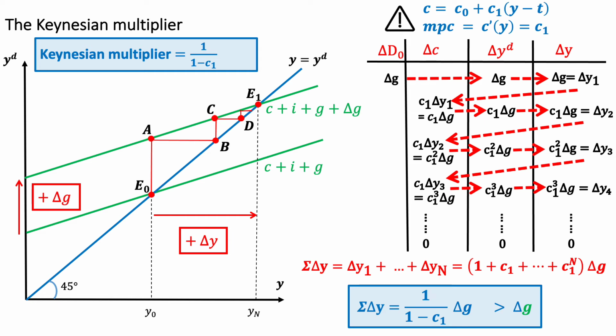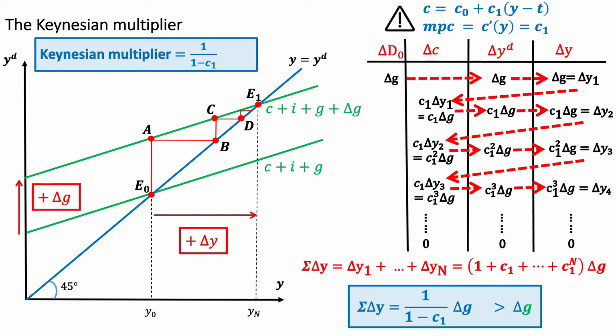Note that the coefficient is higher than 1. Overall, the public spending delta G triggered a succession of revenue increases, which in the end will be higher than the initial spending of the state. This means that the government, through public spending, triggers an iterative process of revenue creation through consumption.